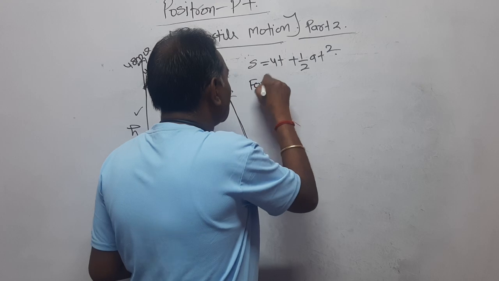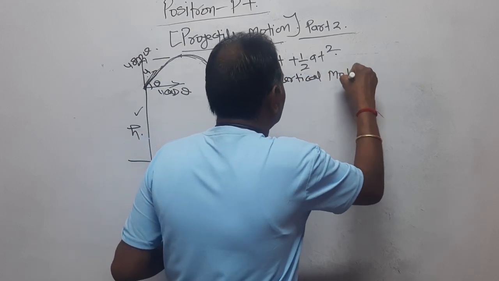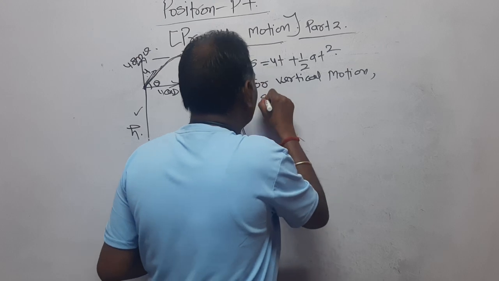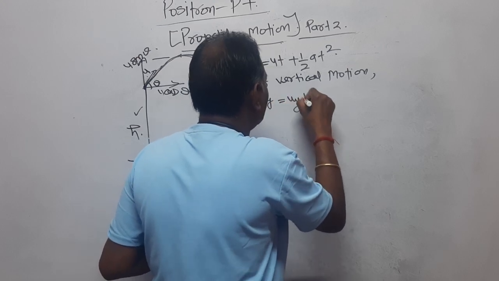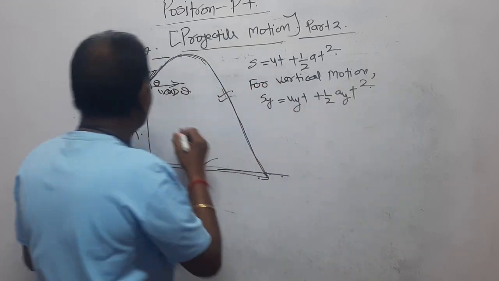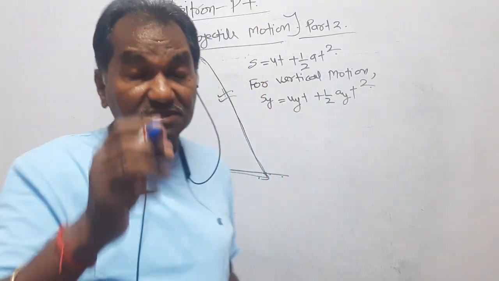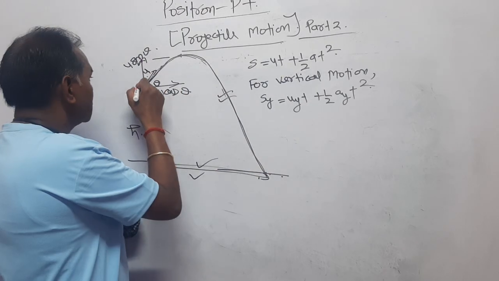for vertical motion, if you consider, that is sy = uy t + half ay t square. Dear student, the point of projection in a projectile is always considered as the origin, right?